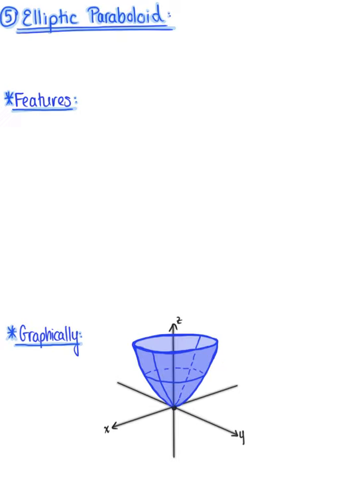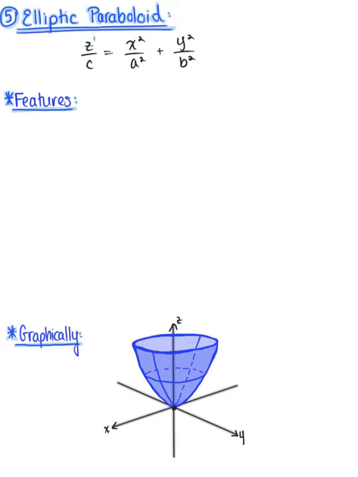The next quadratic surface we are looking at is the elliptic paraboloid. And one way to define an elliptic paraboloid is as z/c is equal to x squared/a squared plus y squared/b squared. So notice here that the z variable is the only variable in this equation of degree 1.